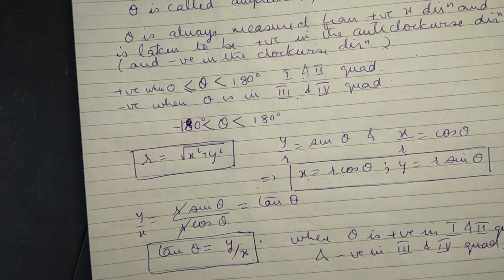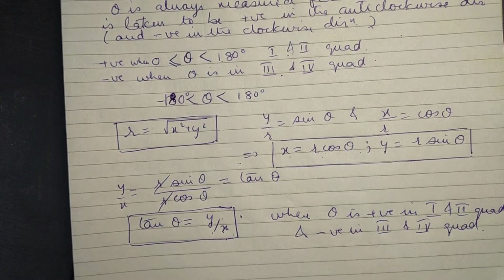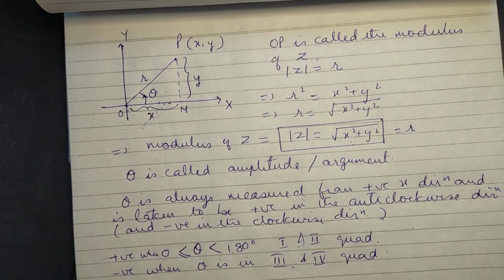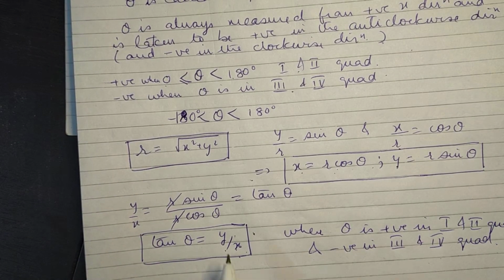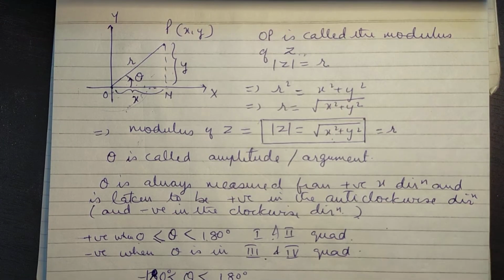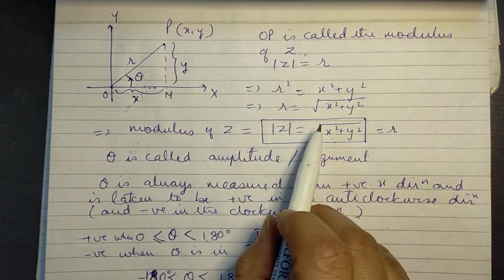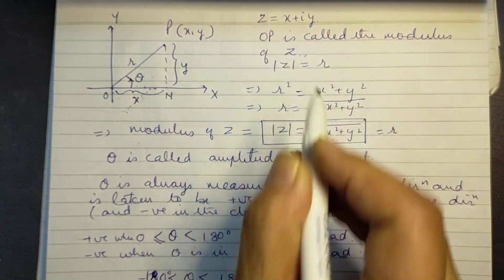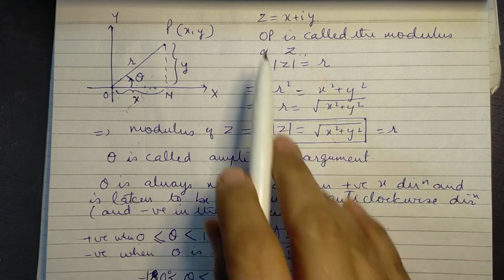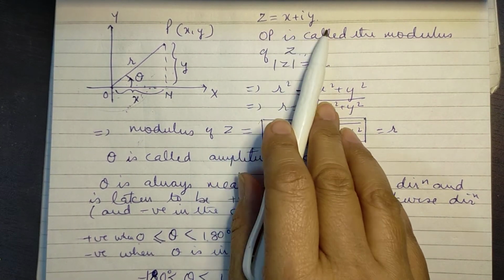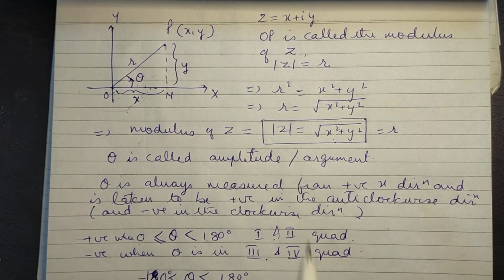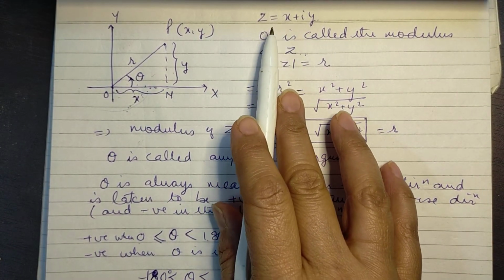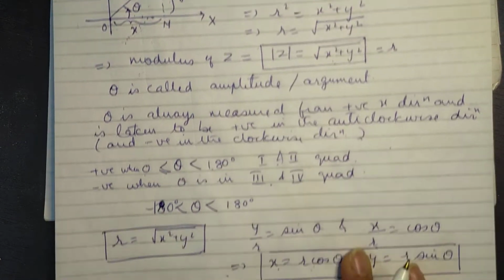Now let's see with actual examples how to express this in polar coordinates. The type of questions we'll get is that we will be given z in Cartesian form, that is x plus iy, where x and y are both real numbers. Then we'll be asked to convert it to polar form. For that we have to represent z in terms of r and theta.